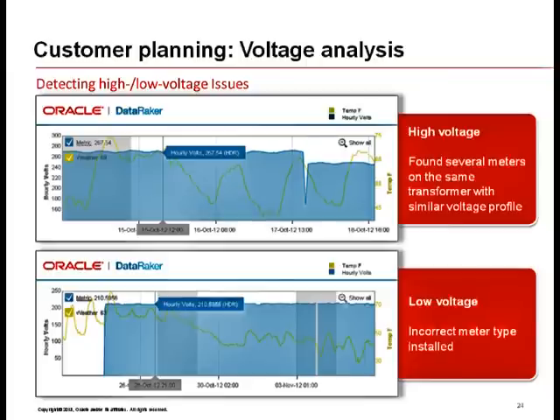So the transformer got replaced, and the voltage dip in the diagram is indicative of transformer replacement. After we replaced the transformer, the voltage supply was in normal range. In the lower diagram, an incorrect meter type was installed on the premise. A residential meter was installed on a small residential premise, and a small residential premise needs a different type of meter altogether. So we replaced the meter subsequently as incorrect meter type.